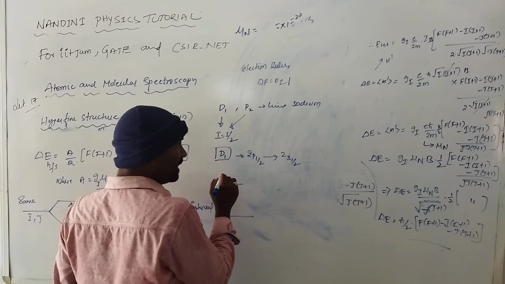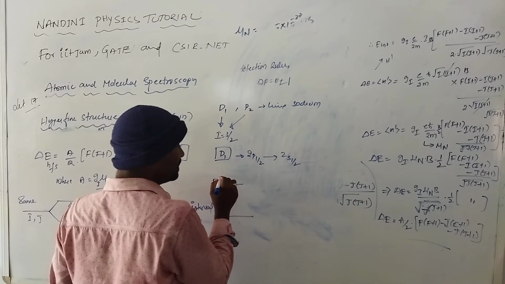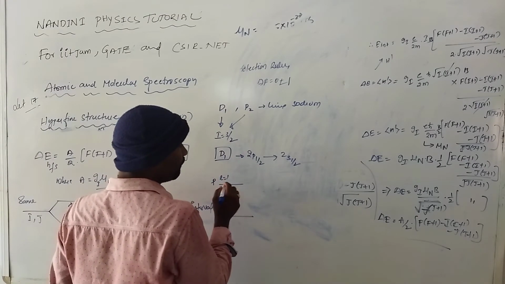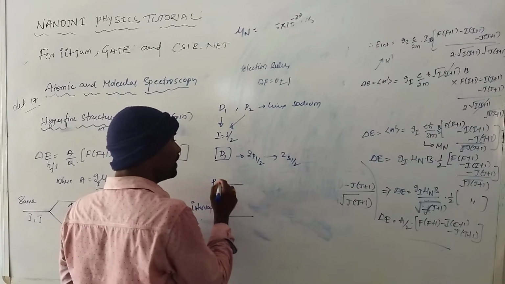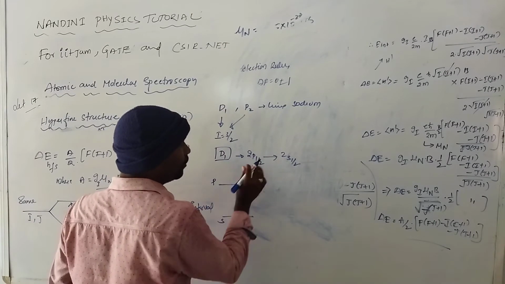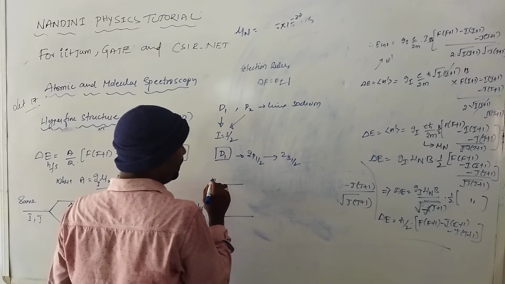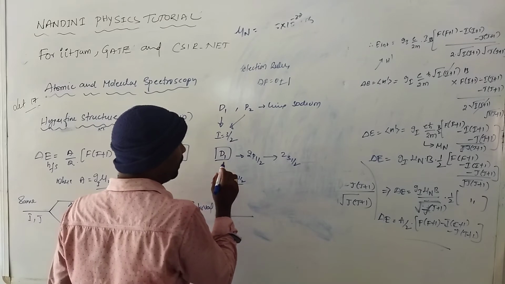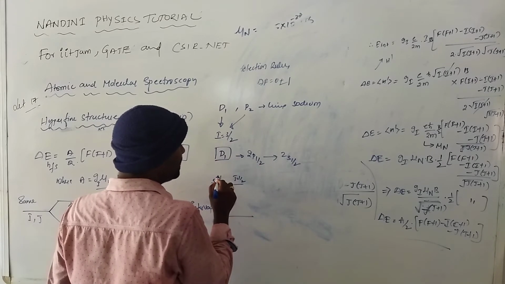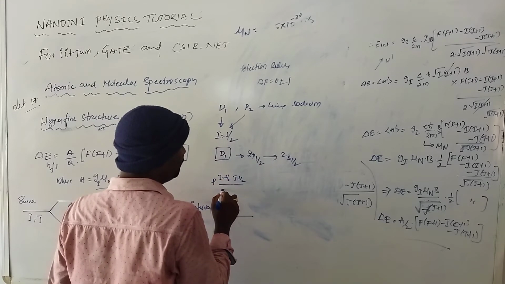What is the p state? P is nothing but L is equal to 1, S is equal to half, but here I consider only the nuclear spin and the total angular momentum J. So for the p state, total angular momentum J is equal to 1 by 2. And what is the I value? 3 by 2. What is the F value?